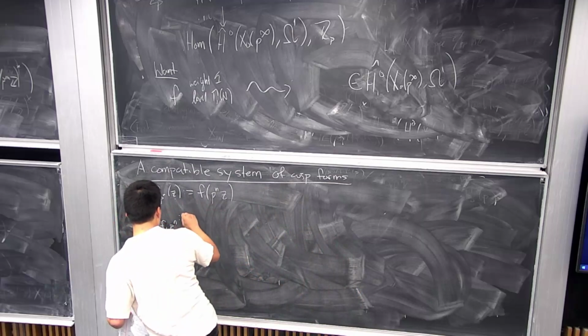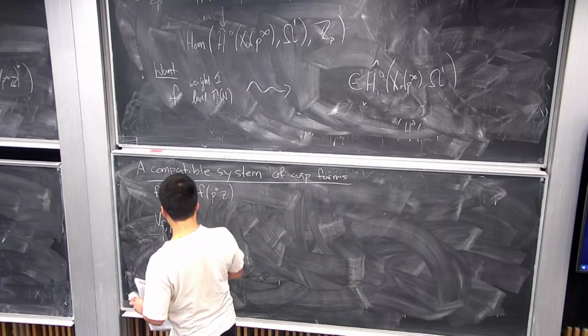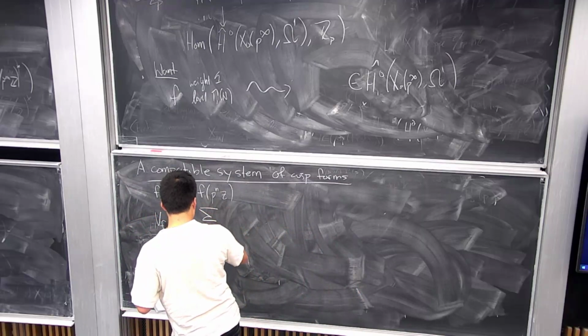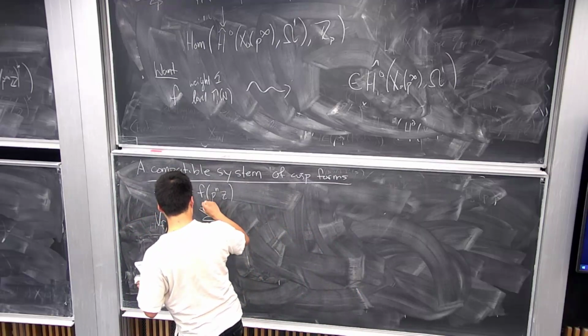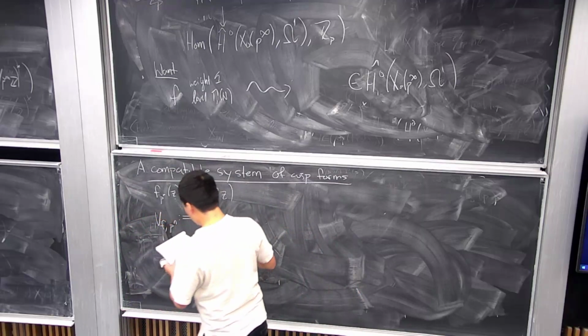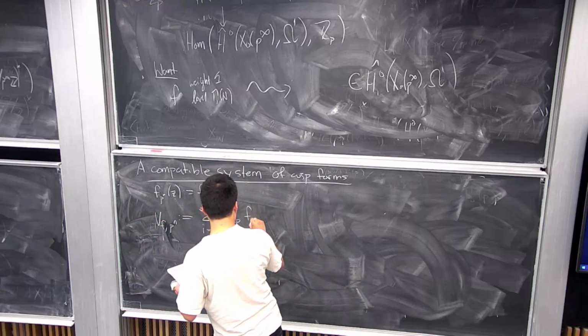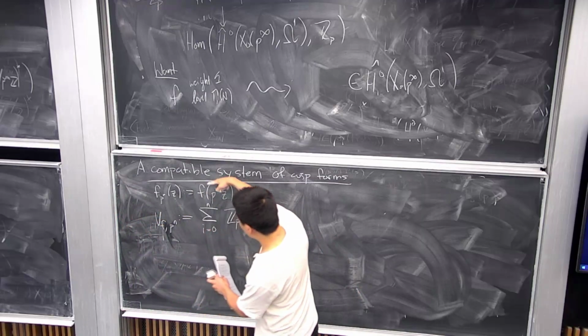So I define V sub F comma P to the N to be the sum of levels from 0 to N of VP F P to the I. So I take a sum of these things.